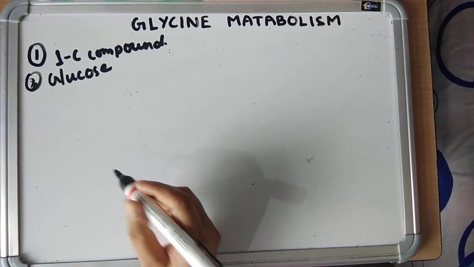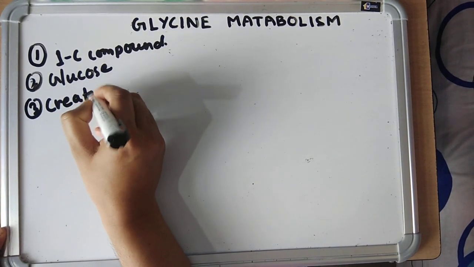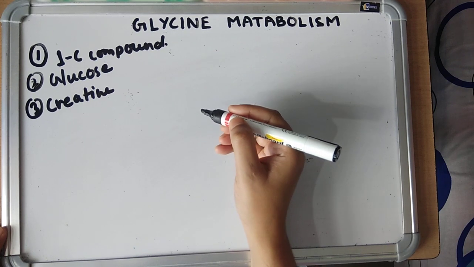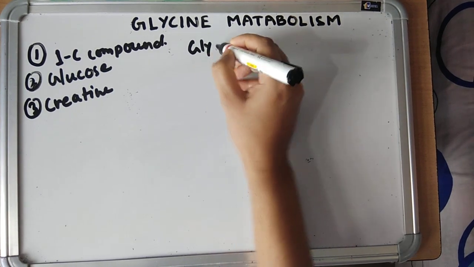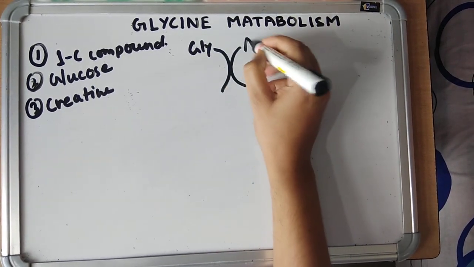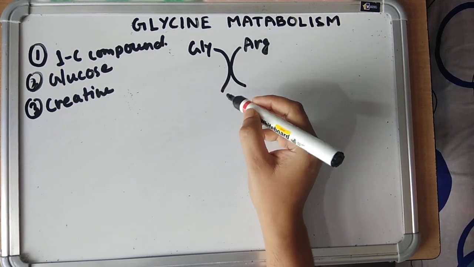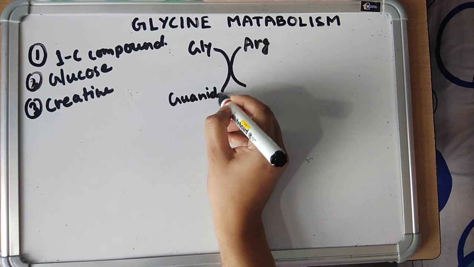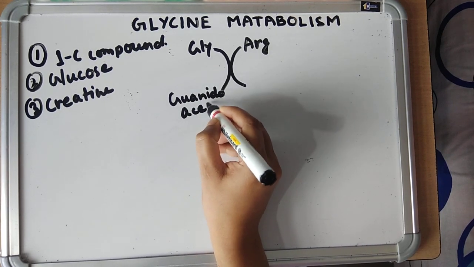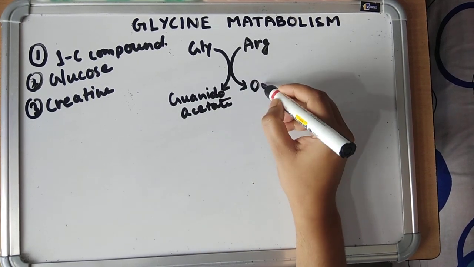Next is formation of creatine phosphate and creatinine. Creatine is synthesized by three amino acids: glycine, arginine and methionine. First, glycine and arginine combine. The amino group of arginine is transferred to glycine to form guanidoacetic acid, or guanidoacetate, and ornithine.